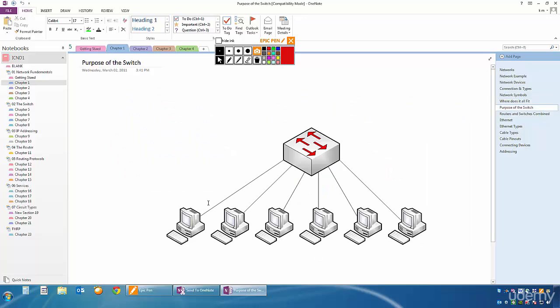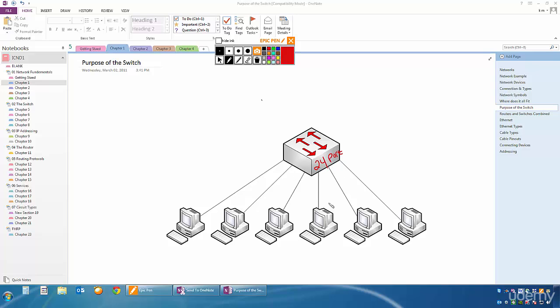So technically, we already talked about the purpose of the switch. And that purpose is for us to have multiple PCs to communicate with each other. If this was a 24-port switch, we will be able to have 24 PCs plugged into this switch. Now, once you do that, though, you have no more spots.